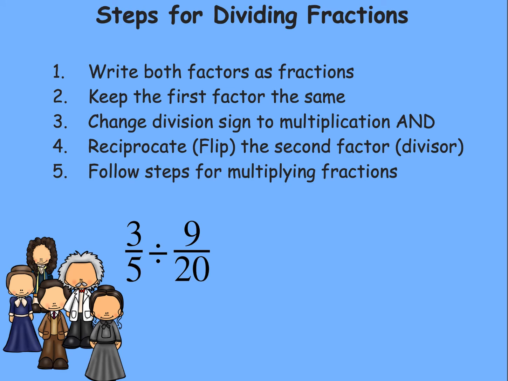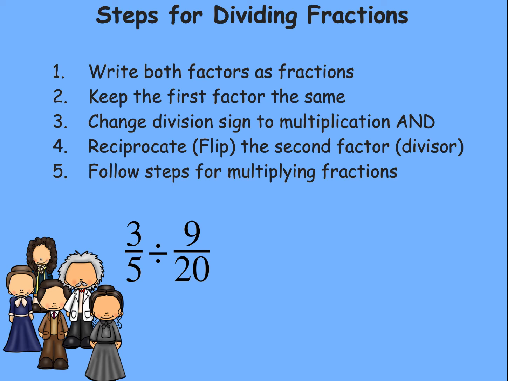So our steps for dividing fractions. When we're going to divide fractions, we would first write both factors as fractions. So 3/5 is a fraction, 9/20 is a fraction. Then we're going to follow this little rule called keep, change, flip. So we're going to take the first factor and keep it exactly the same.